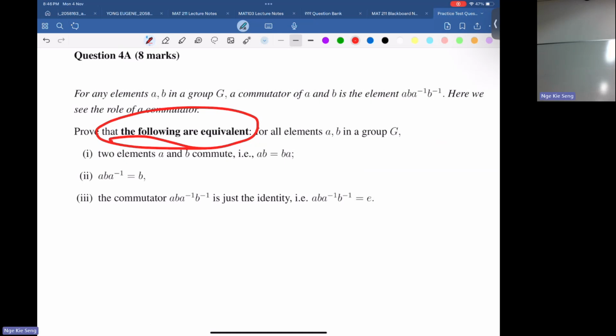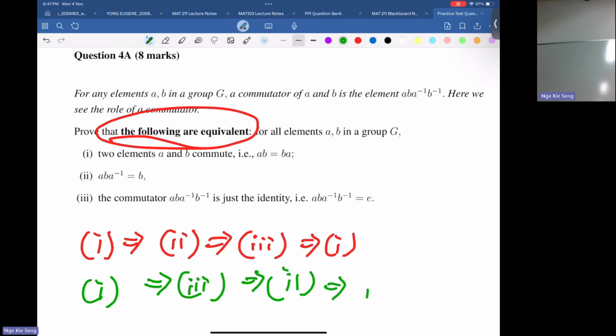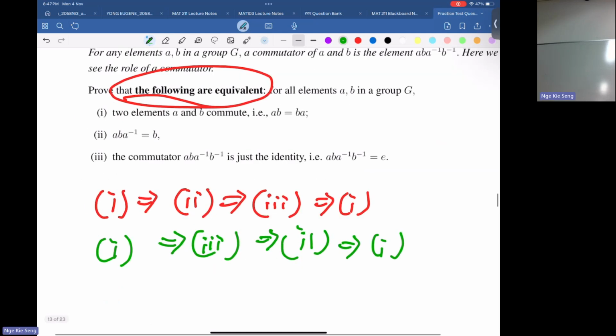So you need to produce a cycle between them. Maybe you can choose 1 to 2, 2 to 3, and then 3 to 1. This is only one way. You can use the other way, right? What else can you try? 1 to, sorry, 3, and then 3 to 2, and then 2 back to 1. There are still other ways, right? What else can you do?